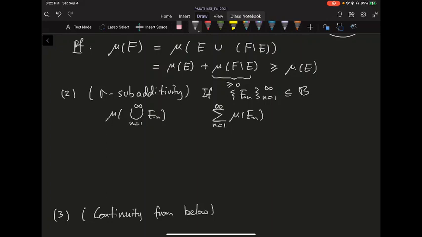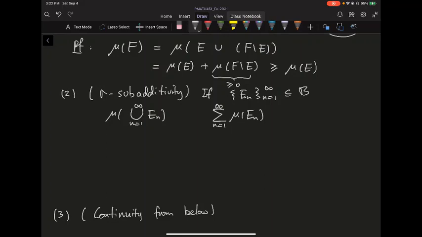If the En are disjoint, you know that the measure of the union is going to be equal to the summation. That's just sigma additivity. Now if I don't assume the En to be disjoint, then what can I say? When you take the union of these En, there may be some overlap.